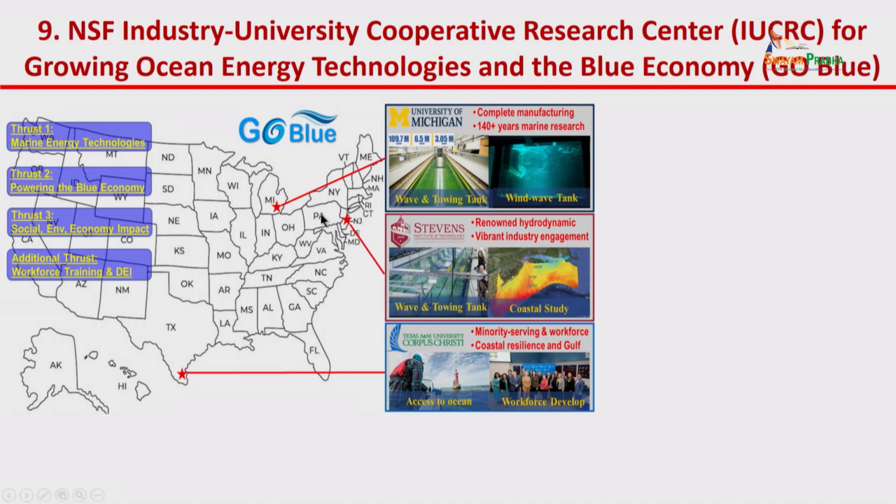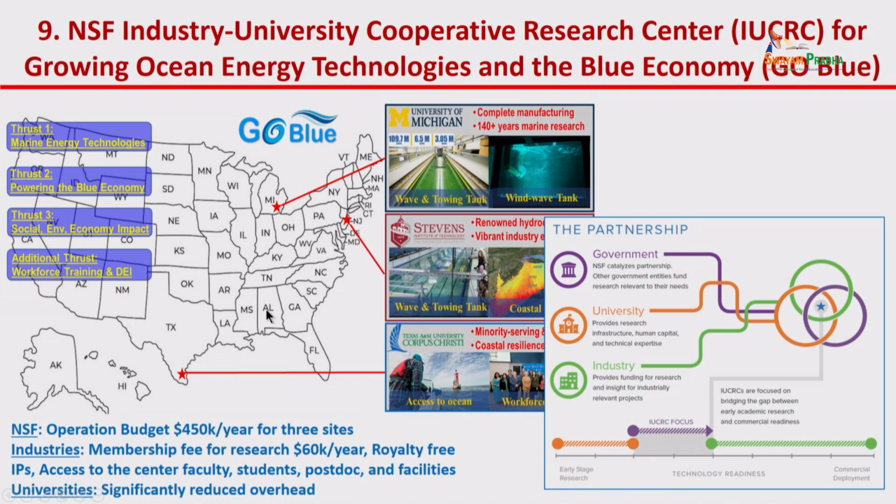We also have Stevens, across from Manhattan, New York, on the New Jersey side, and a Texas side. In this center, we work on technology readiness level 3 to 5, basically industry-driven research with specific application in mind. This is usually called the valley of death.